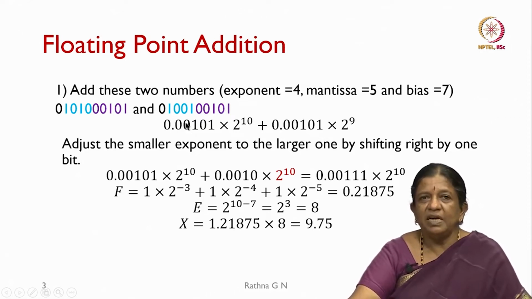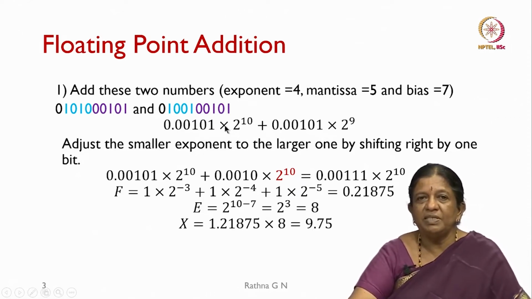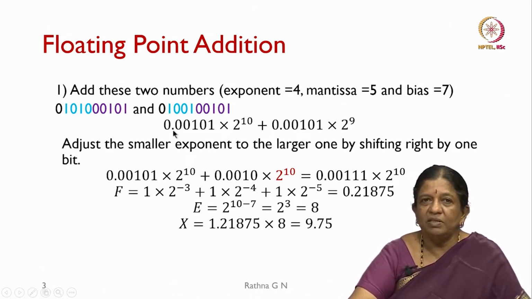Now, we will see how we can represent this number in the exponential format. It is going to be 0.0010 into 2 power 10, and then the next number has an exponent value 9, 1001 is 9, so it is multiplied by 2 power 9.